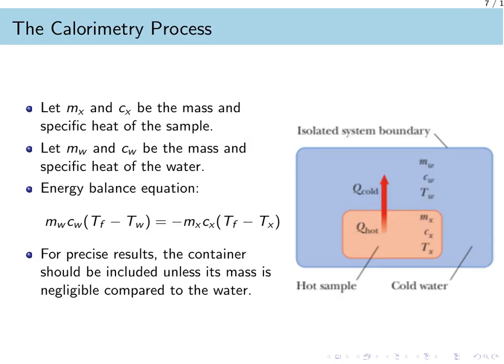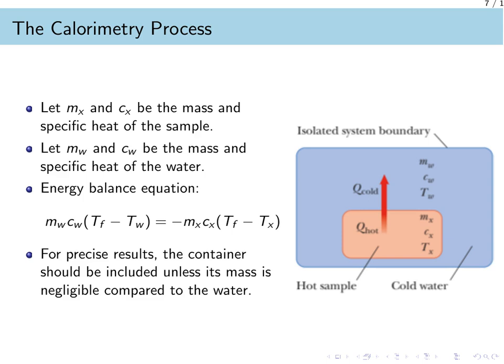To perform a calorimetry calculation, we set up an energy balance equation. Let the mass and specific heat of the water be represented by M_W and C_W, and let the mass and specific heat of the unknown sample be M_X and C_X. The energy gained by the water, which is the mass of the water times its specific heat times the difference between the final and initial water temperatures, must equal the negative of the energy lost by the sample.